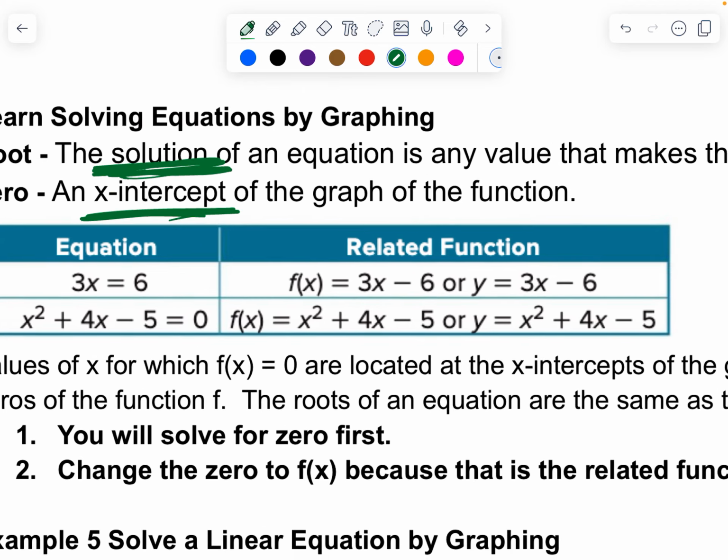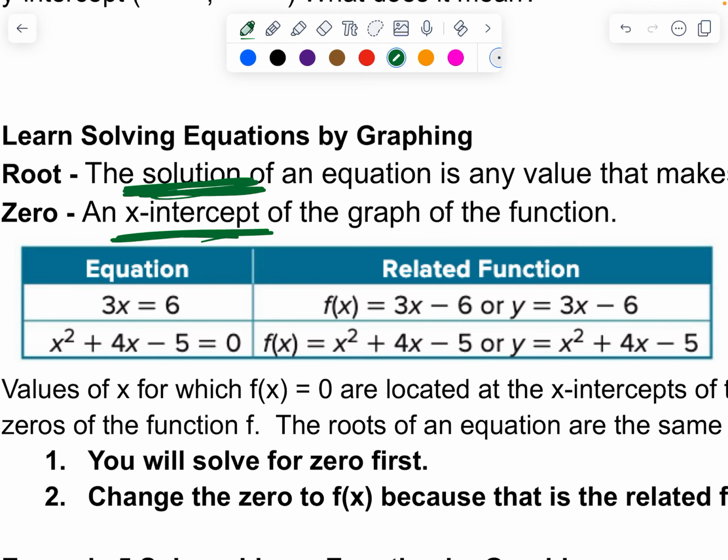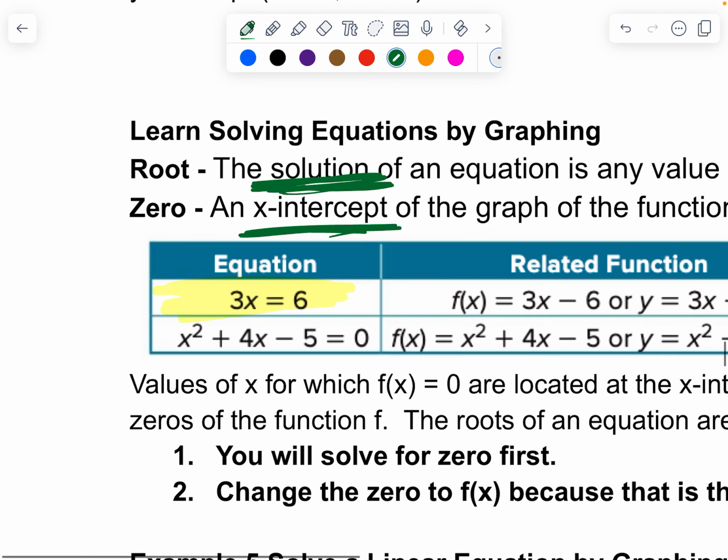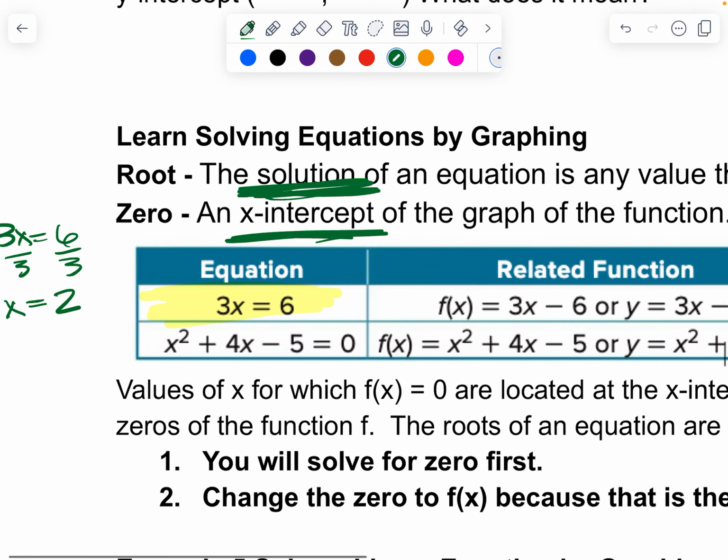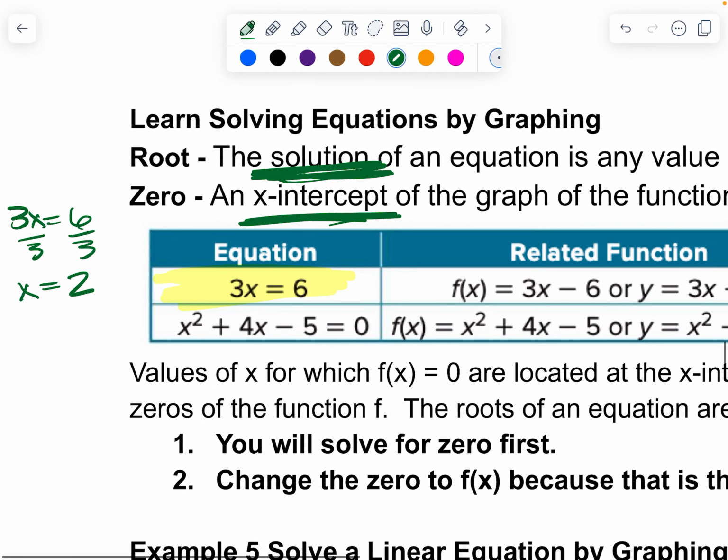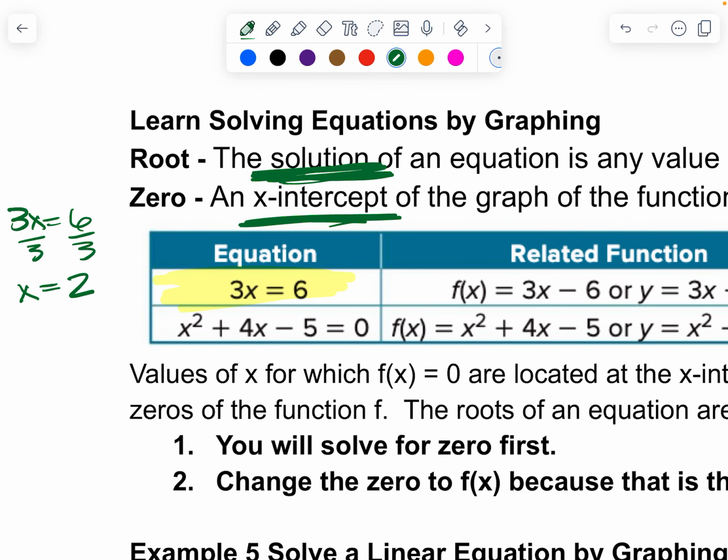So, if I look at these, some of you are going to look at it and go, I know how to solve that. 3x equals 6. We're going to divide by 3. X equals 2. So this right here is my solution. It's my root. I know that x equals 2.